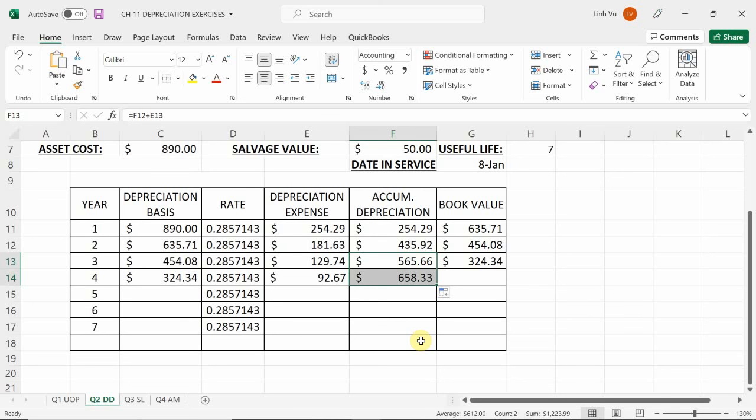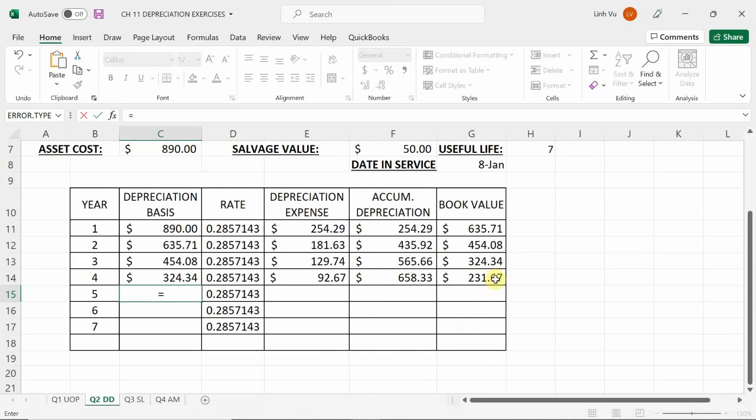Then if I subtract that from my asset cost of 890, I get 231.67. Good. Which then becomes my depreciation basis for year 5.